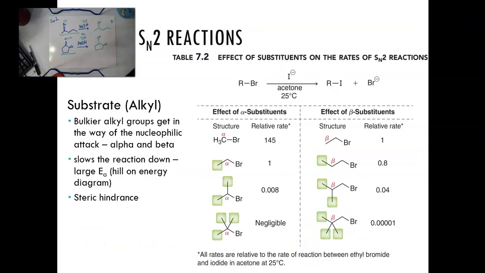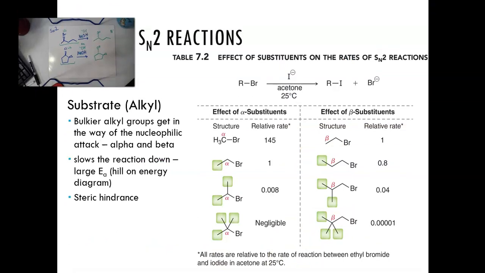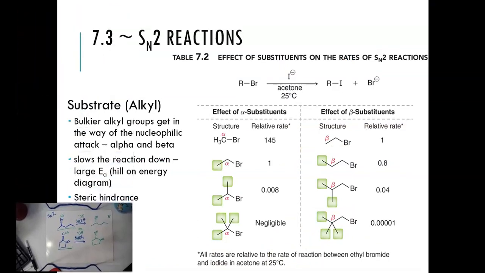As we talk about these reactions in this chapter, we want to talk about all of the different pieces. We've talked about the general mechanism and reaction, the rate of the reaction, and the inverted stereochemistry. So we also need to talk about the substrate and the nucleophile, and that's where our next couple slides are taking us.